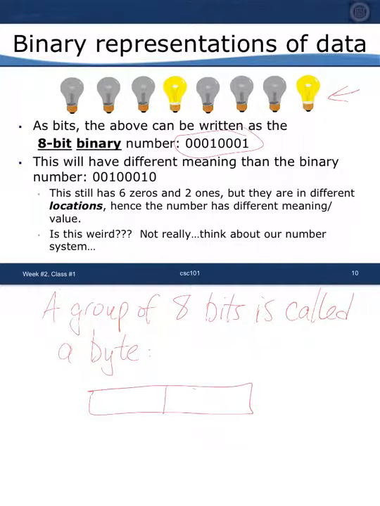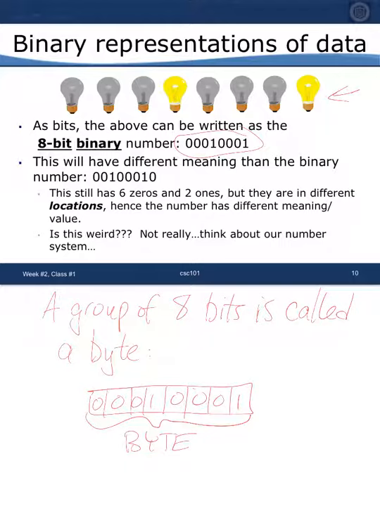Let me draw them out for you. I've got 8 boxes in memory, and if it's currently holding the light bulb number up there, then that sequence of zeros and ones might be stored in these 8 boxes, and collectively this whole thing together is called a byte. A byte is this group of 8 bits sitting next to each other that comprise a byte of memory.